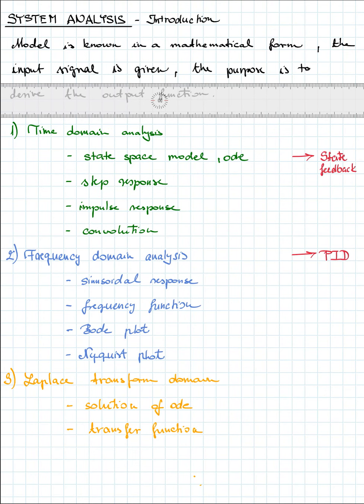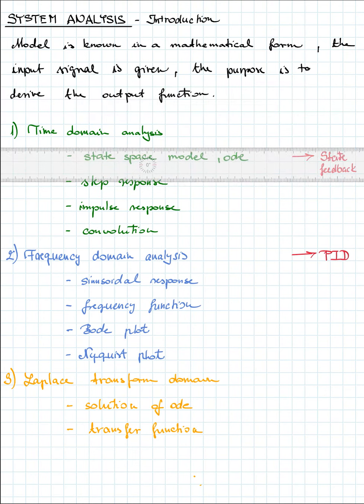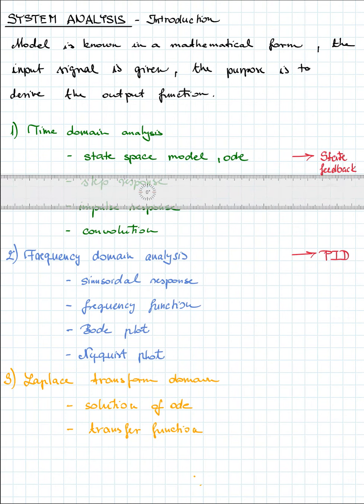About the time domain analysis. In the group of the time domain analysis, we are going to study a very important group of ordinary differential equations, and it is what we have spoken about in the examples of the modeling block, and now we are going to call it the state space model.